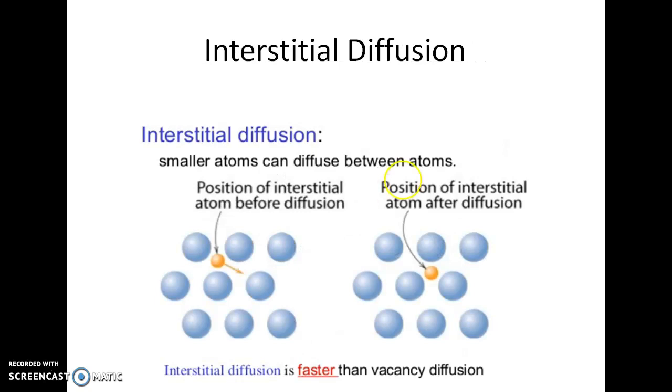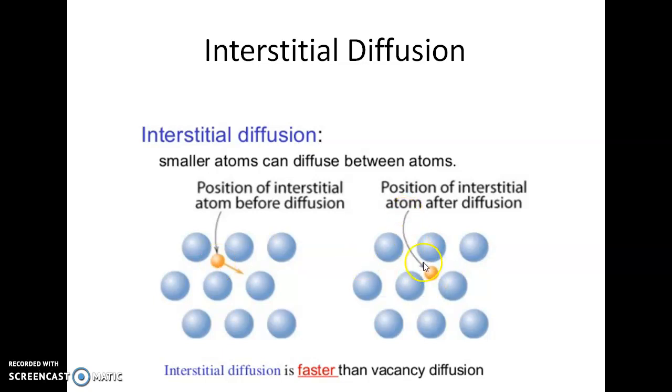In interstitial diffusion, there are interstitial spaces in the crystal lattice. In a crystal lattice, we find many interstitial spaces, and the atoms present in these spaces are free to move to other interstitial spaces. Such diffusion is called interstitial diffusion. In this figure, you can see this atom present in this particular interstitial space is diffused to this place.